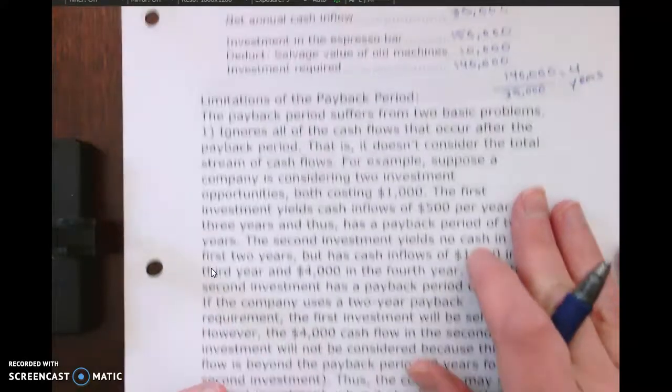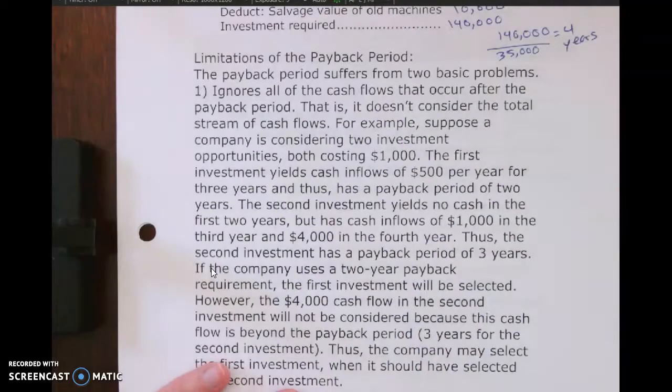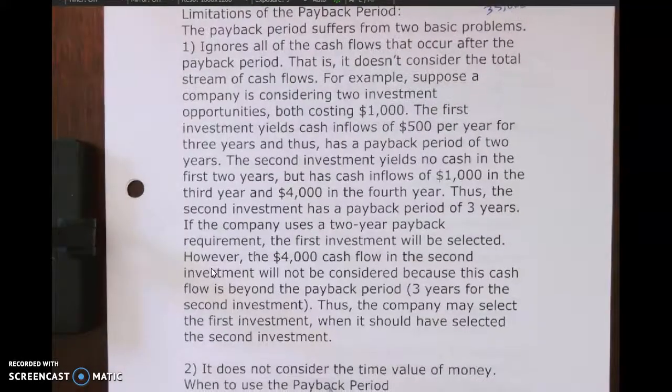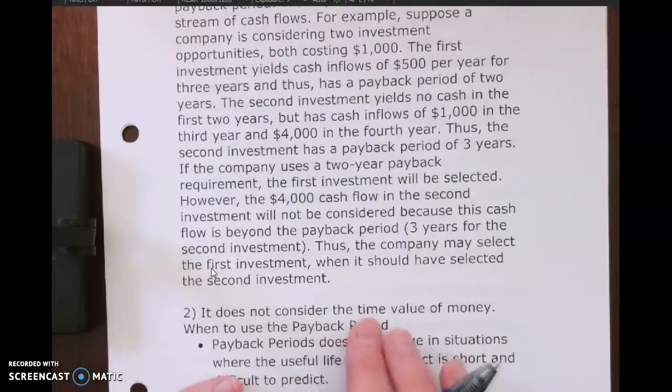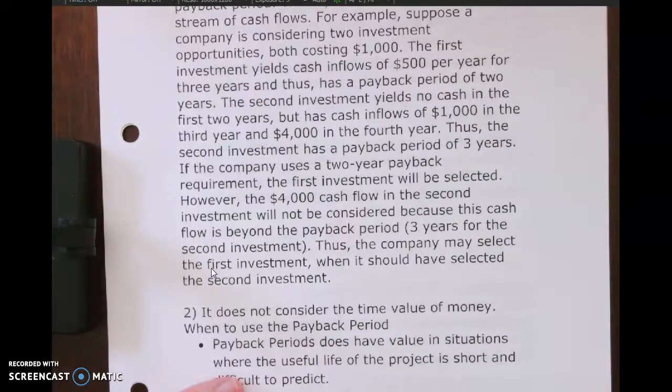The problem with only using payback is it suffers from 2 basic problems. The first one, I'm going to jump down here and talk about the second one first, just because it's easier to understand. It doesn't consider the time value of money. So we didn't do any discounting here. We didn't look up in any tables to figure out what the factor was. It does not consider the time value of money.